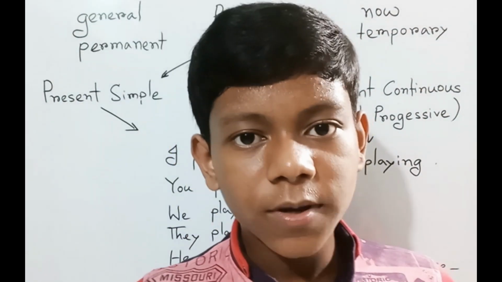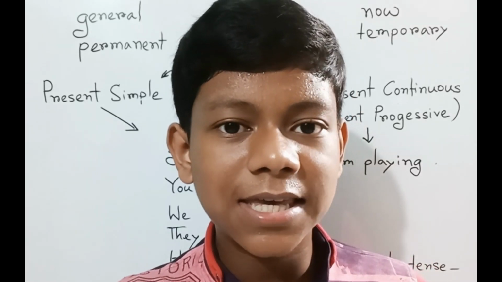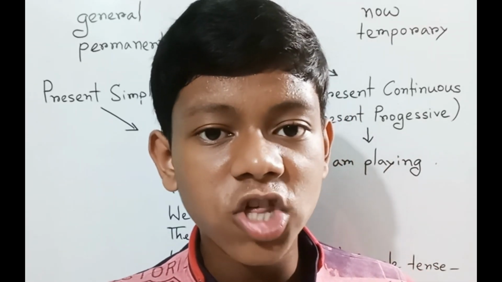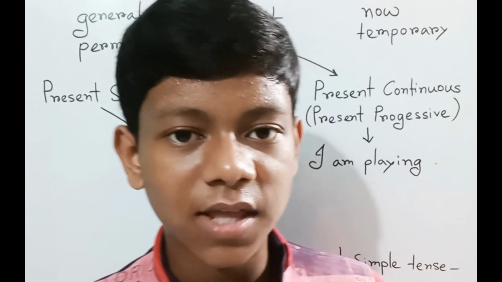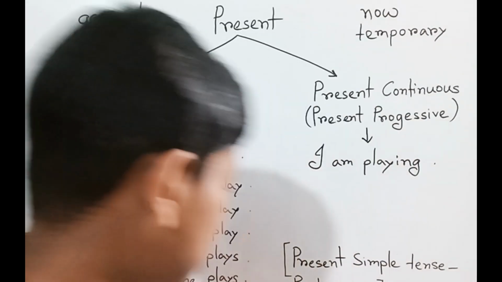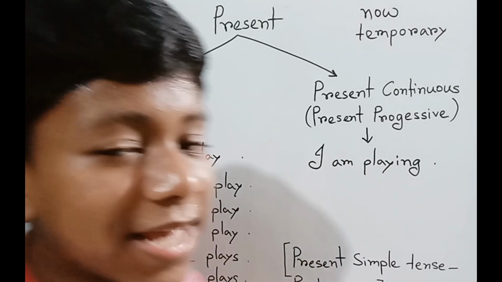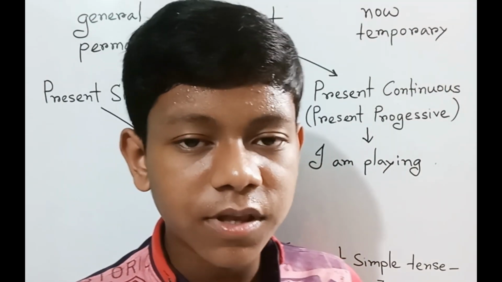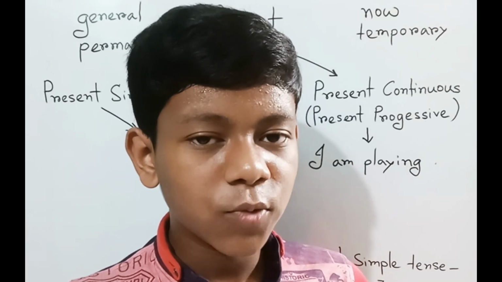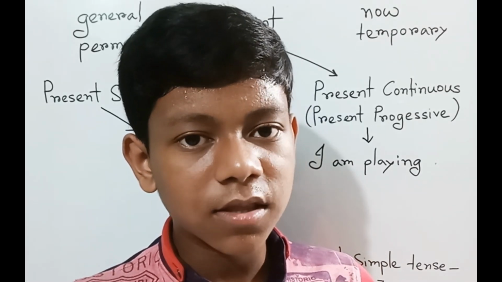For example, he catches the fish, she eats rice. In these examples we can see he plays, she plays, it plays, or it can be a person's name.